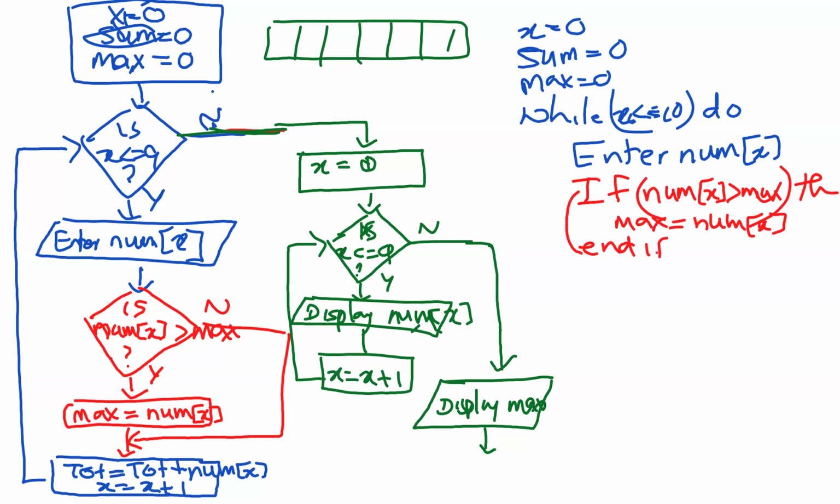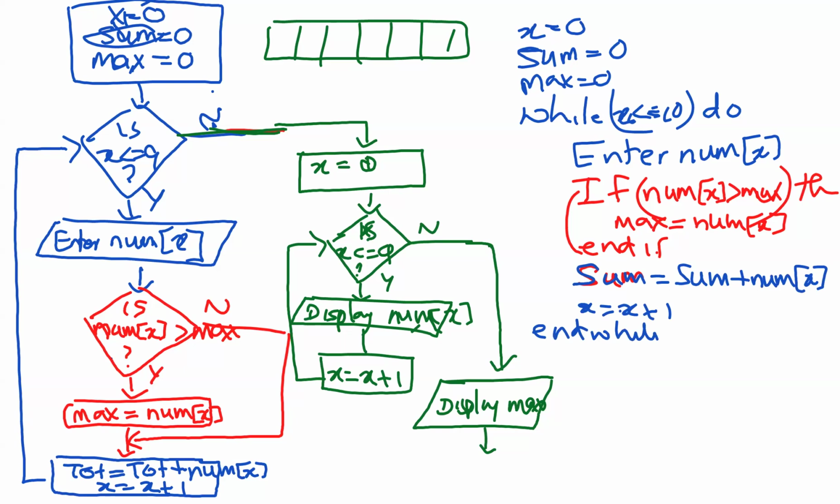And then what happened? Yes, you're going to add to sum. Sum equal sum plus num x. Then x equal x plus 1, end while. See? Finish. And then next part again.